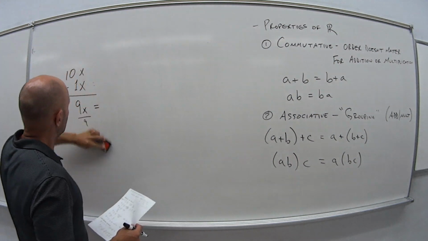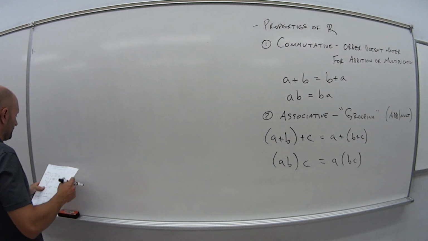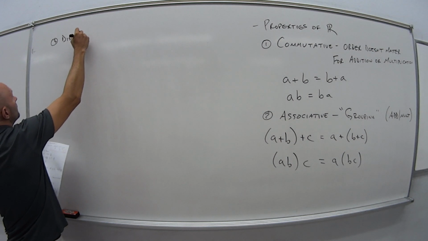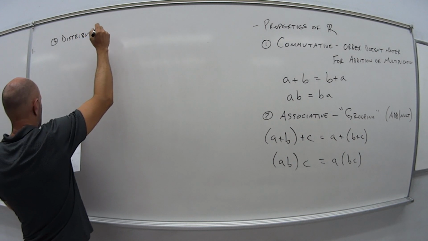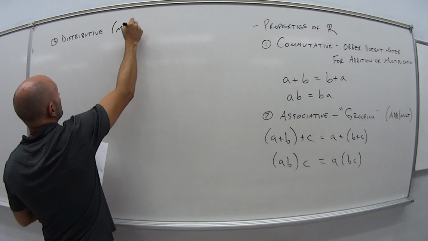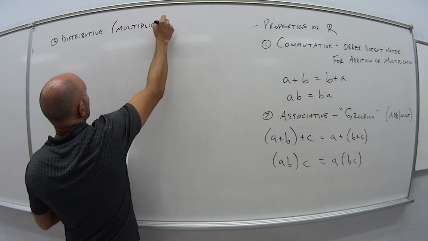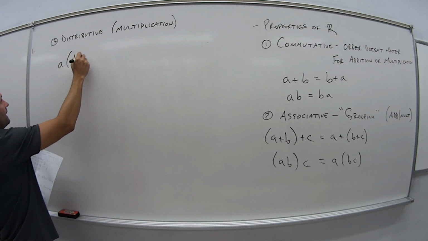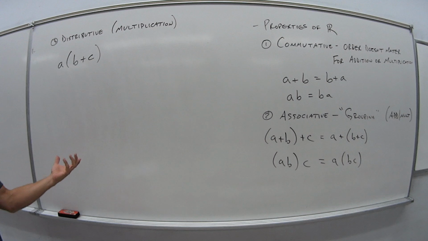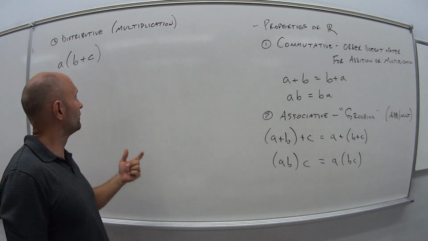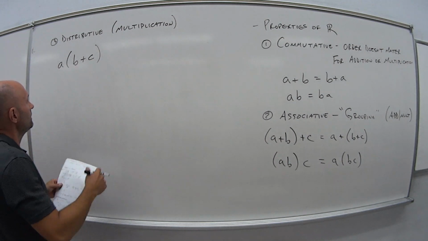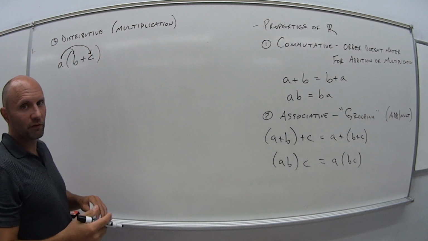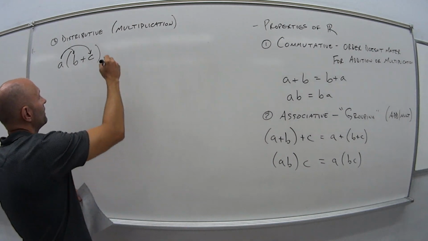And then lastly, the third property of real numbers is the distributive property. And this is for multiplication only. This says that if I have A times a group of the addition of two real numbers, A times B plus C, I can multiply each of these values inside the parentheses by A, add them together, and I'll get the same thing.